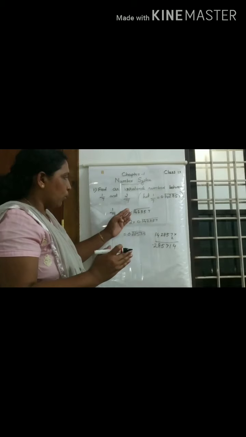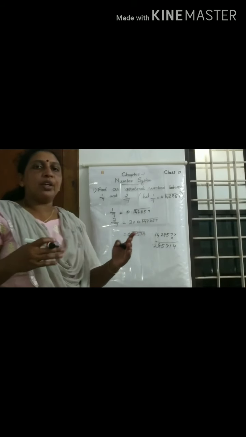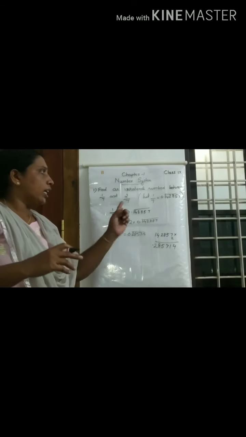Between these 2 points, we can find infinite irrational numbers.